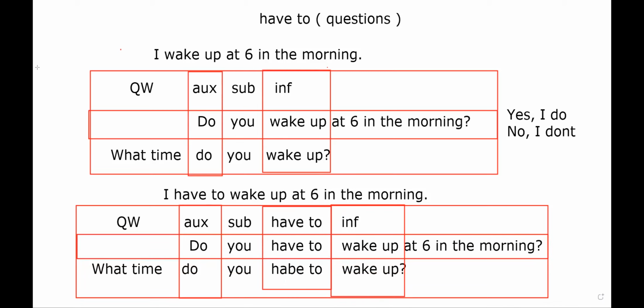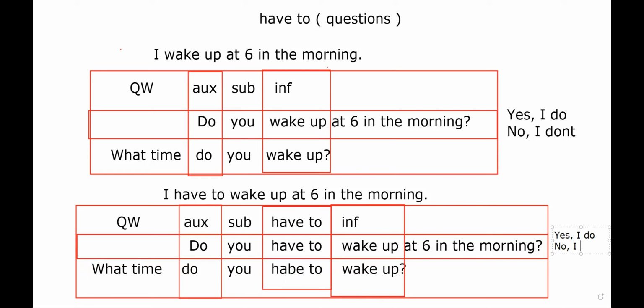Okay, and the answer, do you have to wake up early? What do we say? Yes, I have? No. Okay, we say yes, what? I do, because you started the question with do. Yes, I do.